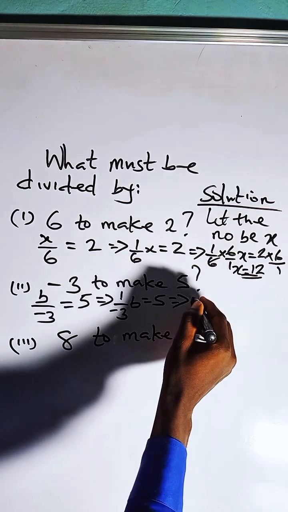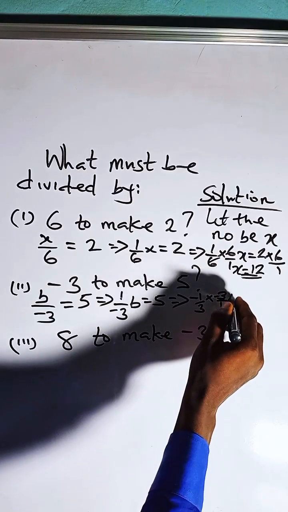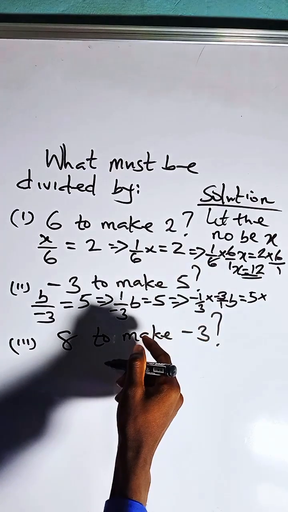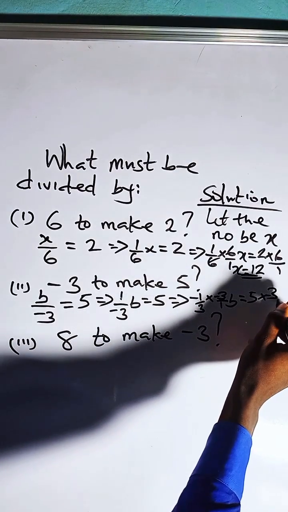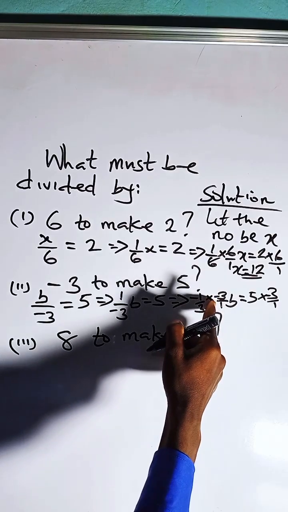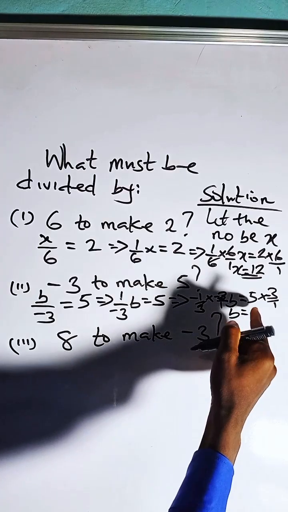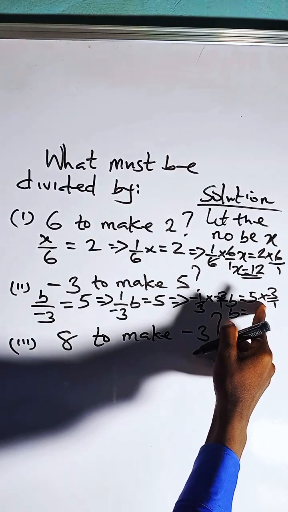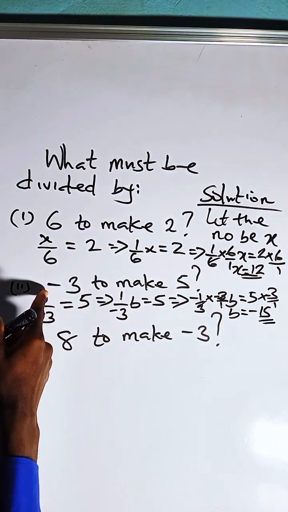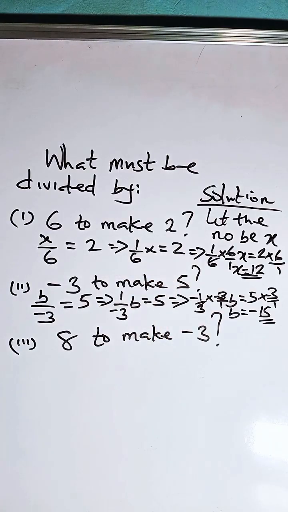So we have minus 1 over 3 times minus 3 over 1 b equals 5 times minus 3 over 1, which is the same thing as minus 3. By the time you multiply by minus 3, this is plus. When you simplify this, we have just b equals 5 times minus 3, which is minus 15. So when we say minus 15 divided by minus 3, we have 5.